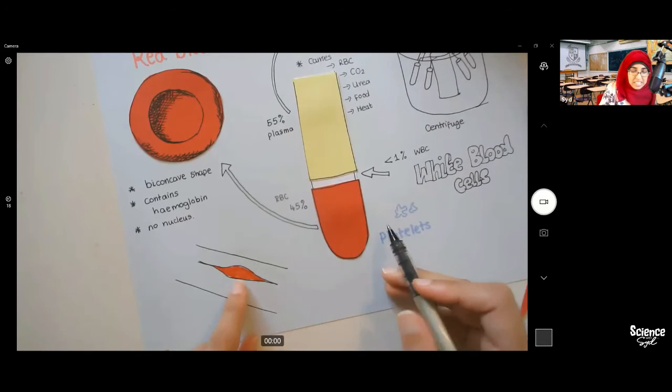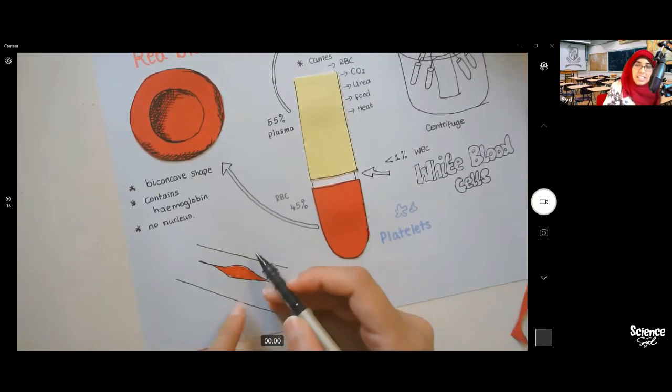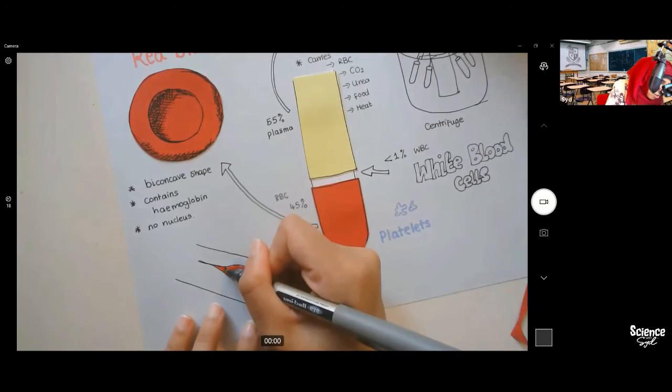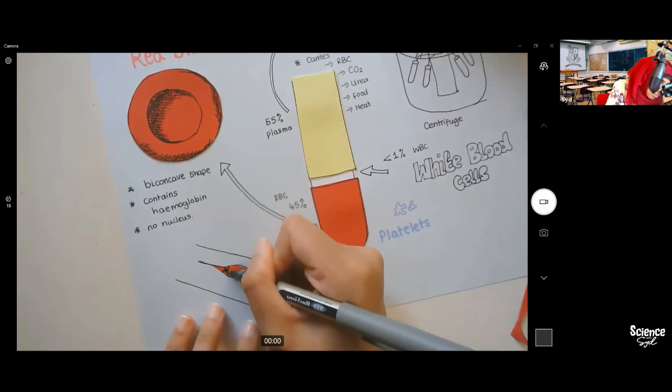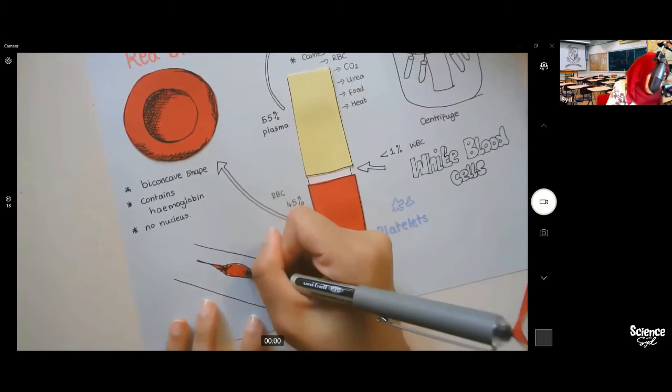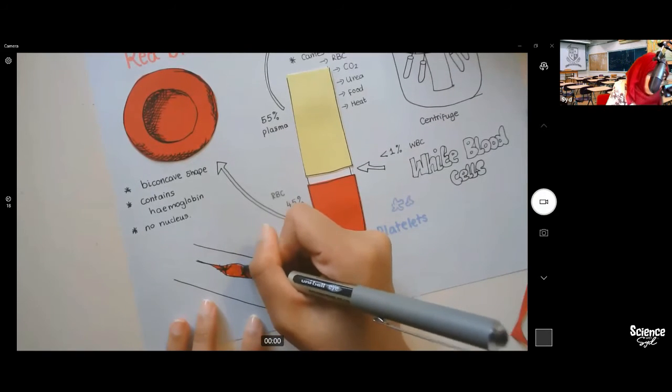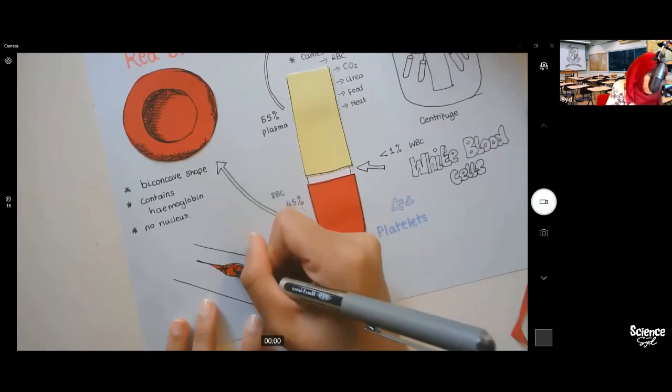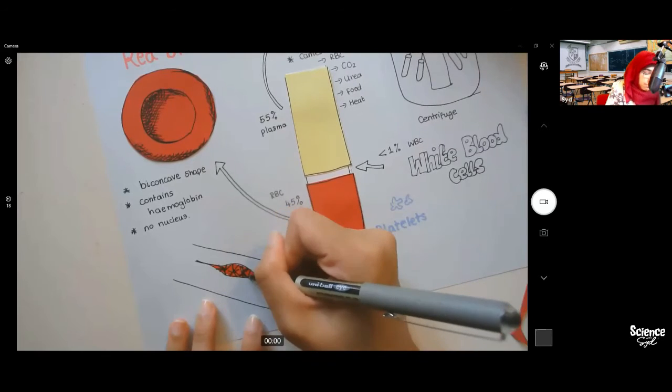So these platelets will jump into action and like little spiders, they will stretch across the opening that you've got, and there'll be loads of them. They'll travel across and they'll fill that opening.